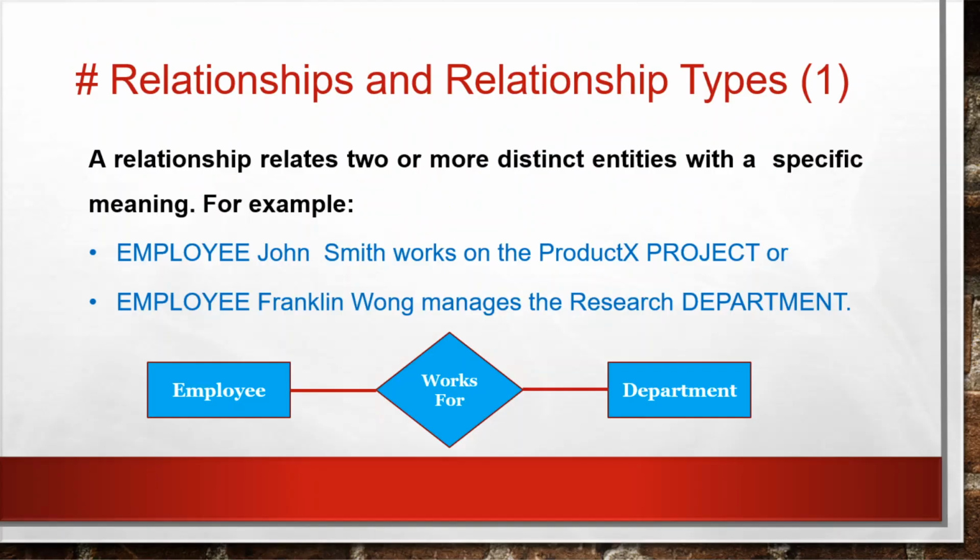So first thing we have is the relationship and the relationship types. Just for the sake of definition, a relationship relates two or more distinct entities with a specific meaning. For example, the employee John Smith works on the ProductX project, right? So the first entity is employee, and the employee is working on ProductX and related through the works on relationship.